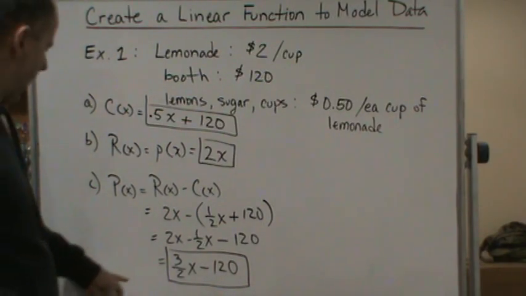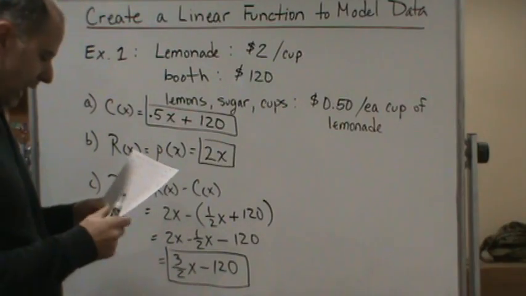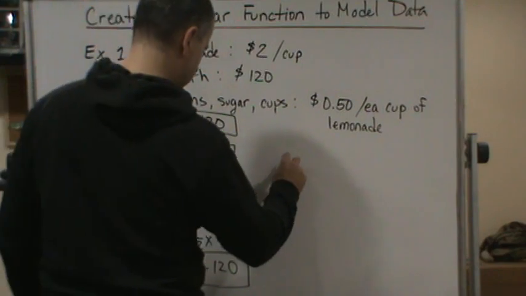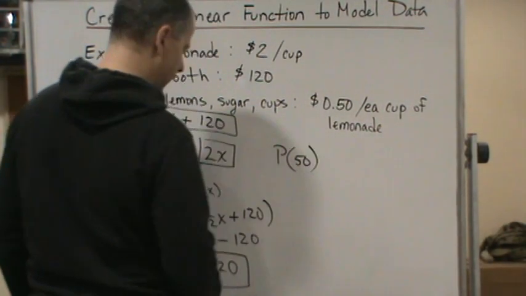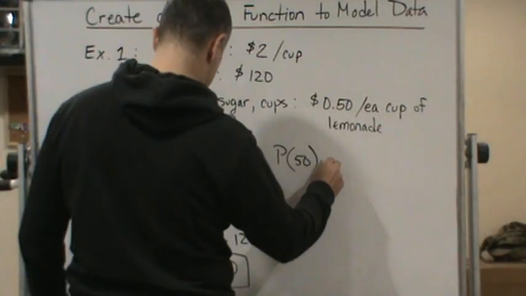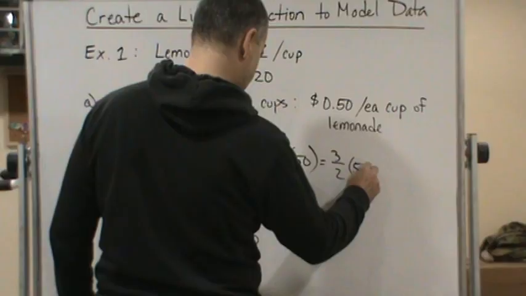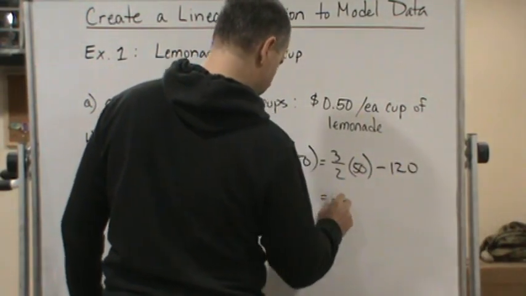Okay, so our profit would be what? So we're going to use our profit function, and x in this case is going to be 50. So our profit for 50 cups of lemonade is going to be equal to 3/2 times 50 minus 120.